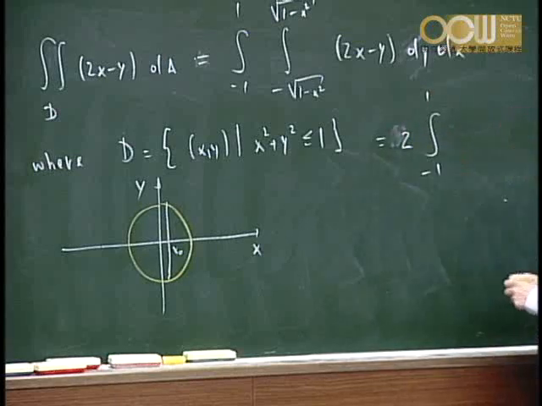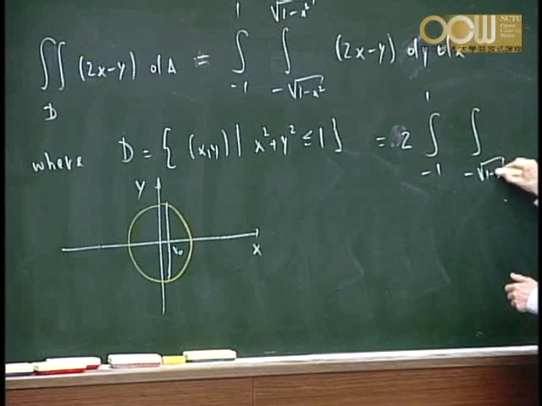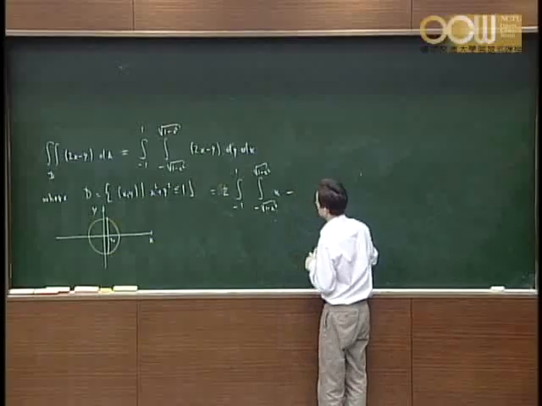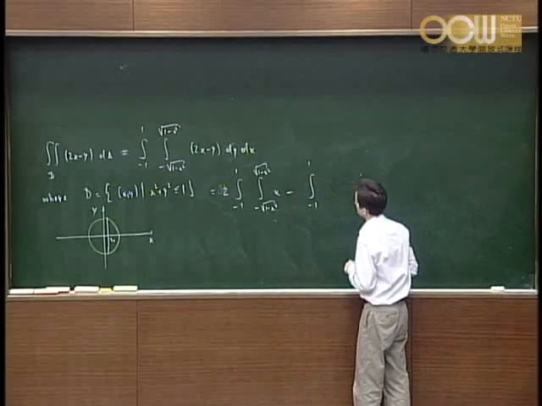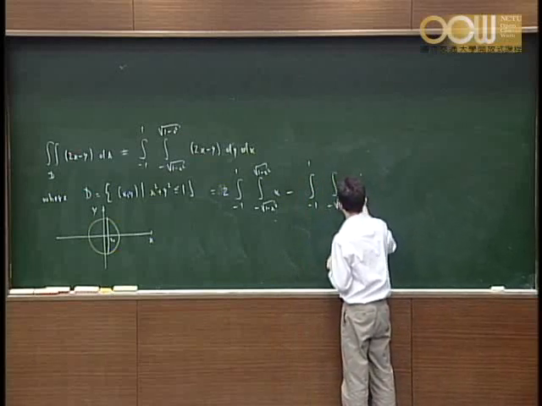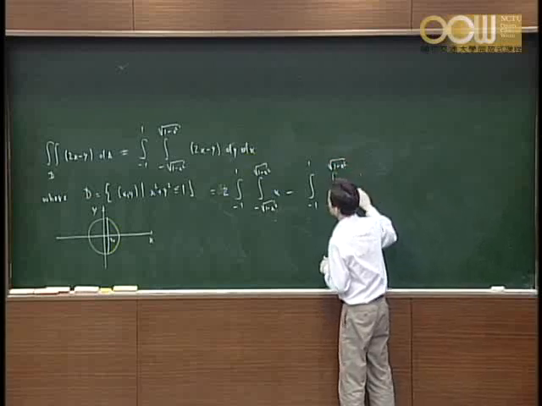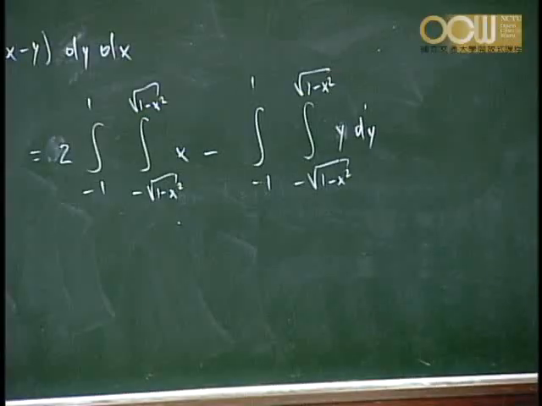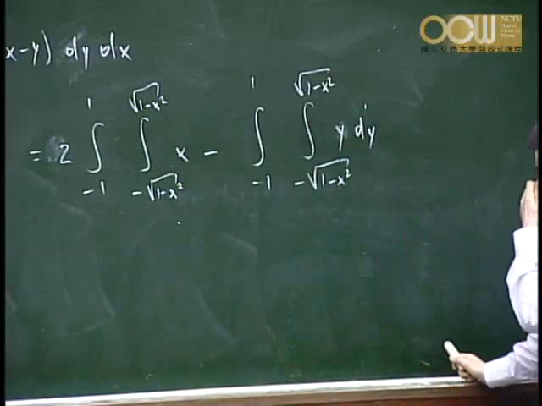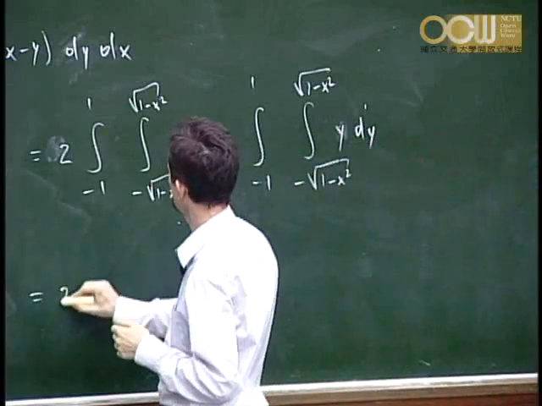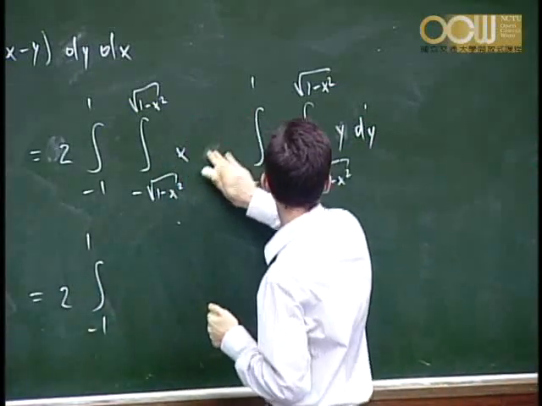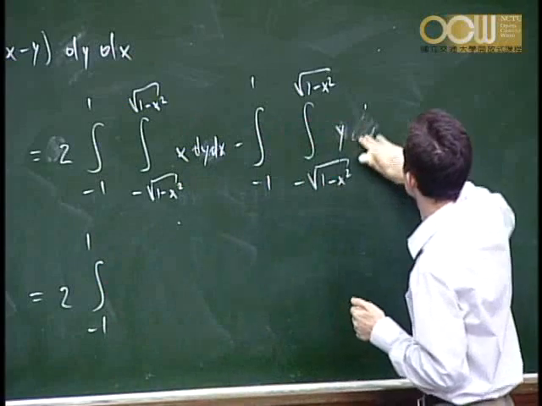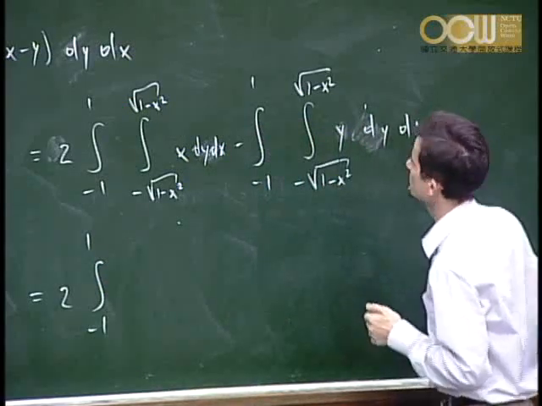So we have here 2 times the integral from -1 to 1 of x times the integral from minus square root of 1 minus x squared to square root of 1 minus x squared, and then minus the integral from -1 to 1 of the integral of y dy dx. Here I should write dy dx, and here also dy dx.